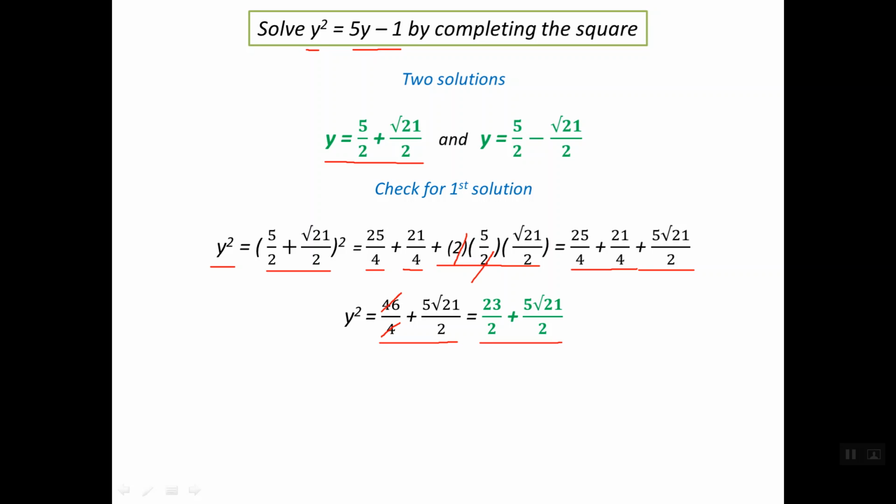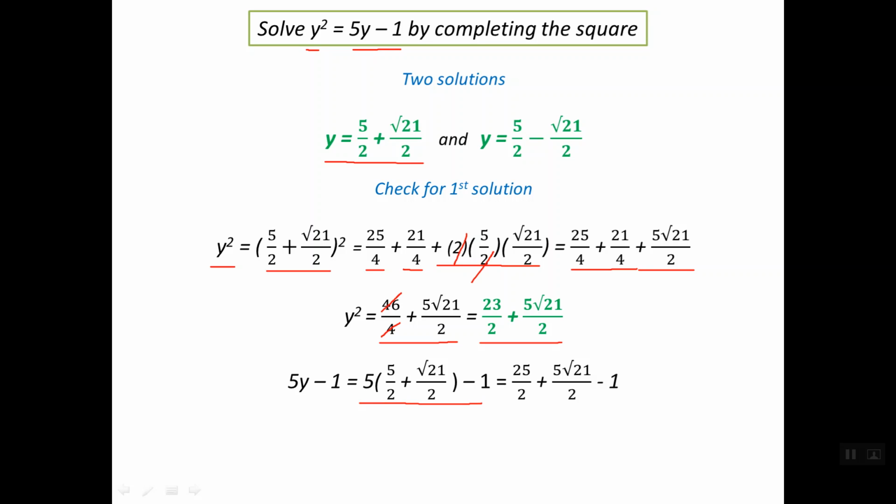Now we compute for the right side of the original equation, which is 5y minus 1. We should reach the same answer here. So 5y minus 1, 5 multiplied by, this is the y, minus 1. So 5 multiplied by 5 by 2 is 25 divided by 2.